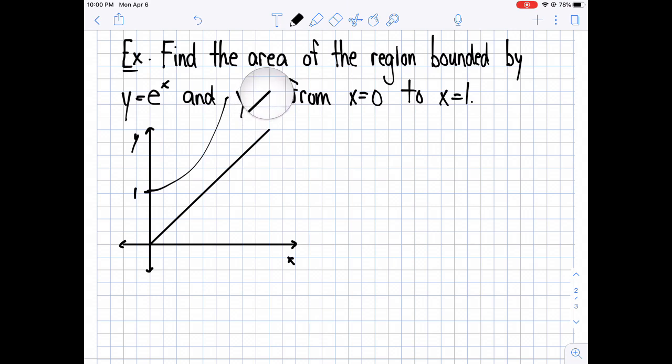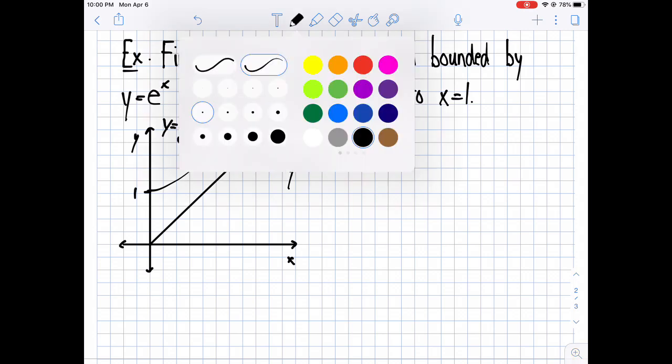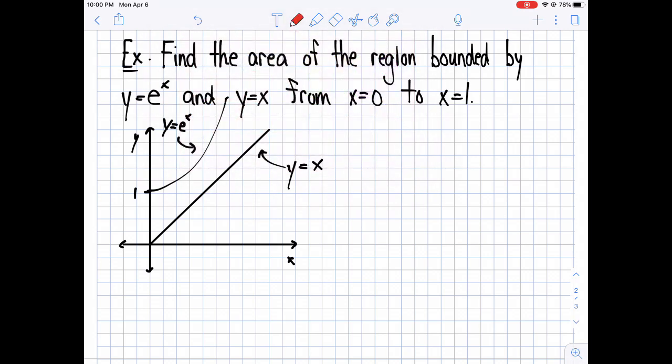It's going to look something like that. And then if we label these, we have y equal to x, y equal to e to the x, and we want to look at the area from x equals 0 to x equal to 1.